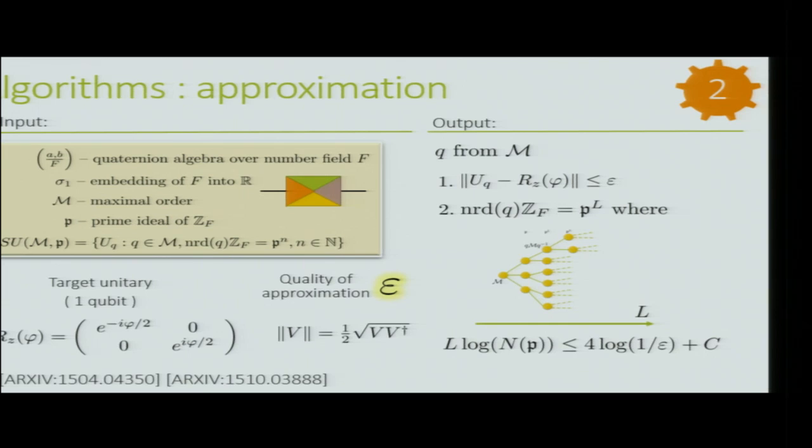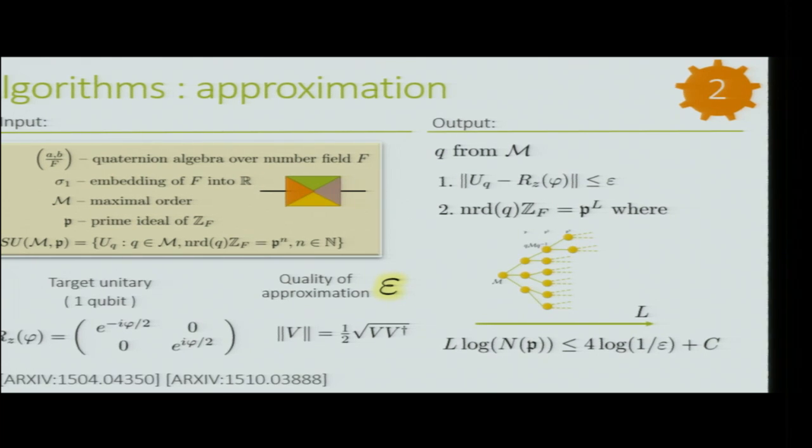Okay, so this is a sub-problem, and this is one of the problems we're solving in the second paper, right? Given this description of exact unitaries over totally definite quaternion algebras, we again work with the same distance, and we are given a quality of approximation epsilon, and this is our target unitary, specified by one real number.